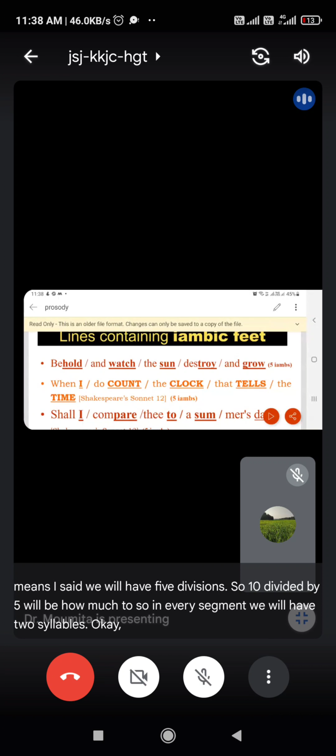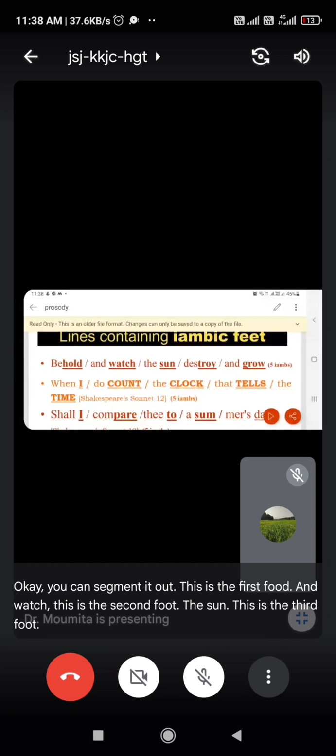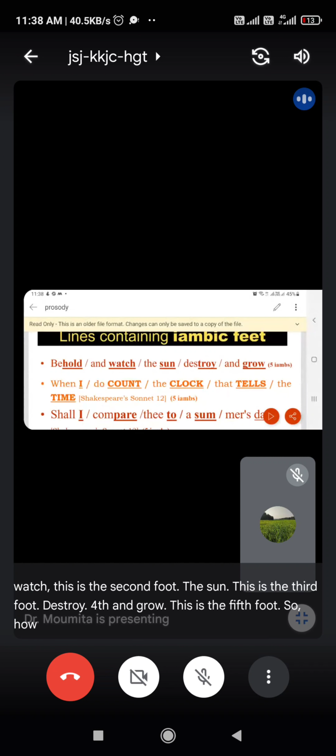So first 2 syllables, behold. You can segment it out. This is the first foot. And watch, this is the second foot. The sun, this is the third foot. Destroy, fourth foot. And grow, this is the fifth foot. So how many segments do we have in this particular line?